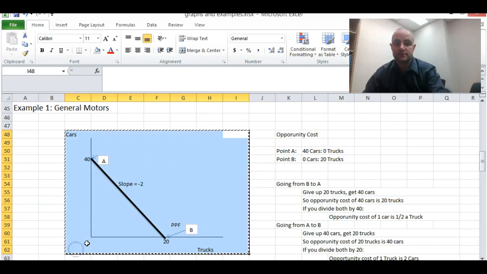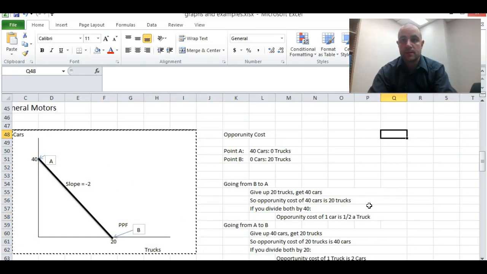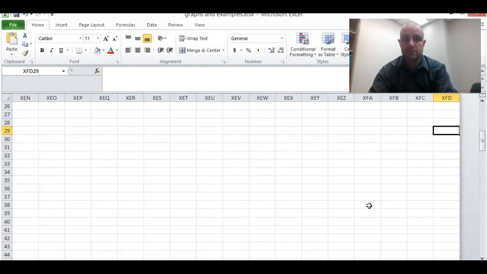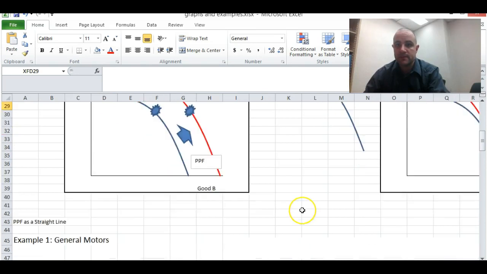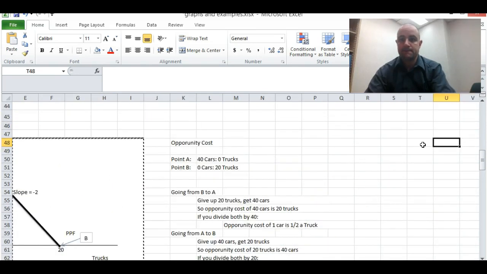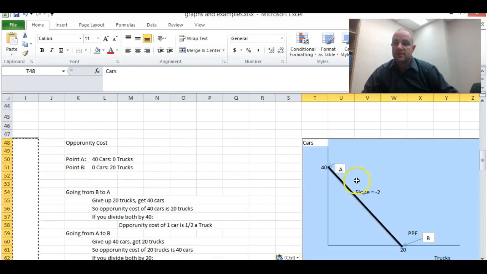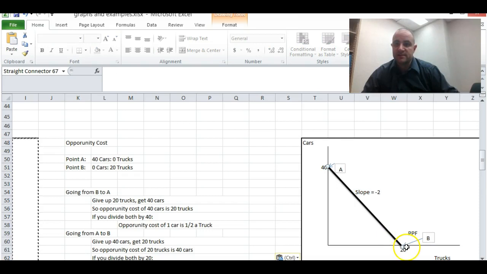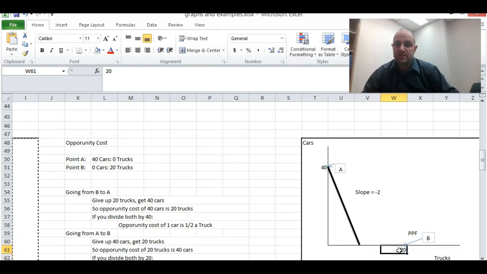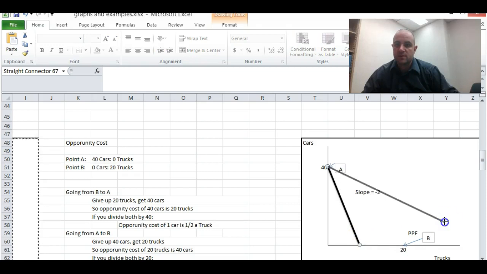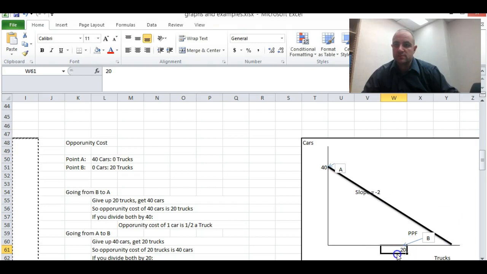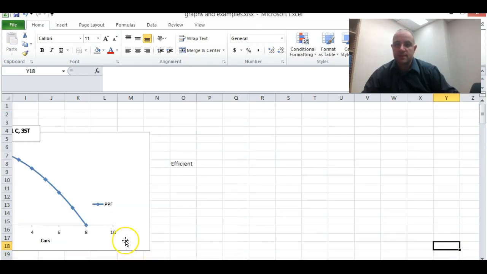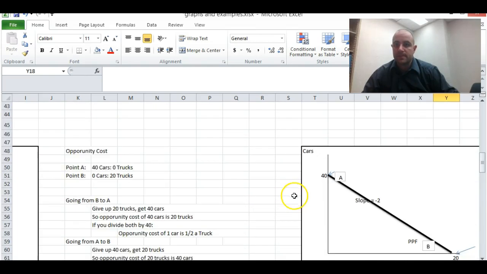Let's say this is 60, and this is our production possibility frontier here.